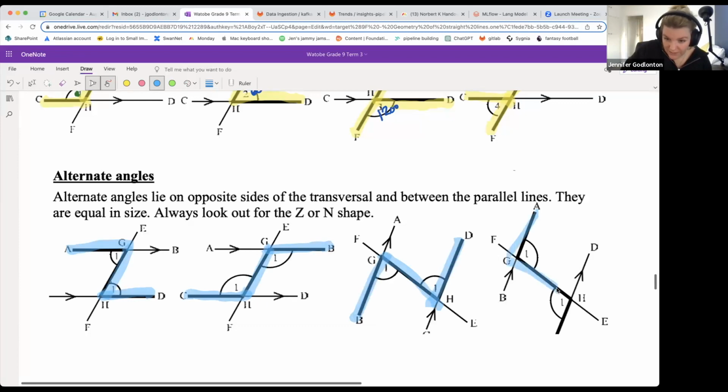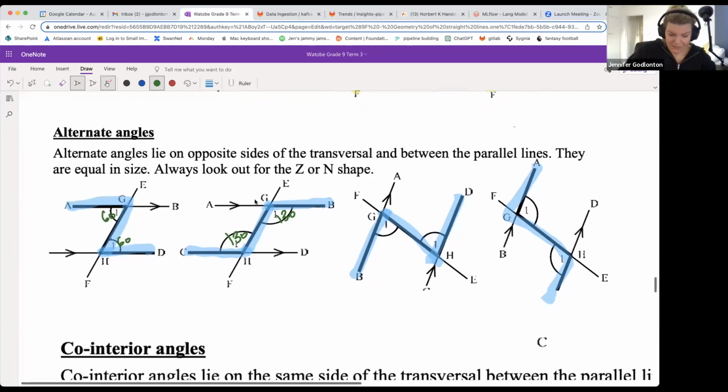All of these are Z. When we're working with Zs, which are called alternate angles, they are also equal to each other. So if this angle in here is 60, this one would be 60. If this was 130, this would be 130. The angles inside the little crooked parts of the Z are always the same as each other. So think about this as a Z or an N, and that's how we remember that one.